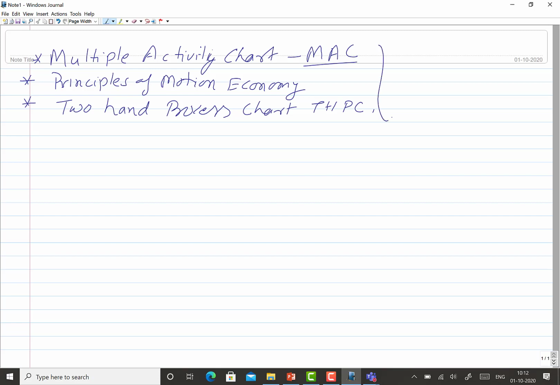So, coming to the multiple activity chart, this is very unique and different from all other charts about which we have talked. In all earlier charts, what you have seen is that some kind of movement was involved.